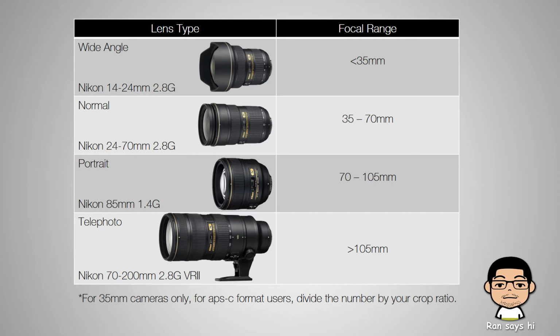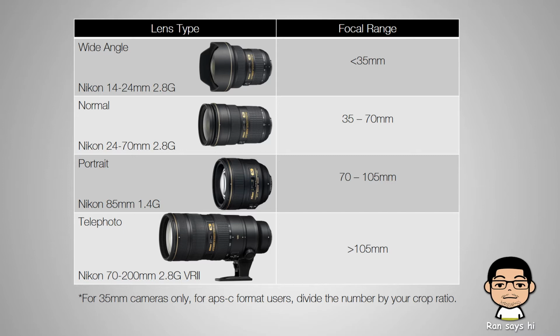For the wide angle lens, normally it's defined as a focal length smaller than 35mm, while a normal lens, here you see the 24-70 zoom lens with aperture of 2.8, ranges about 35 to 70mm.